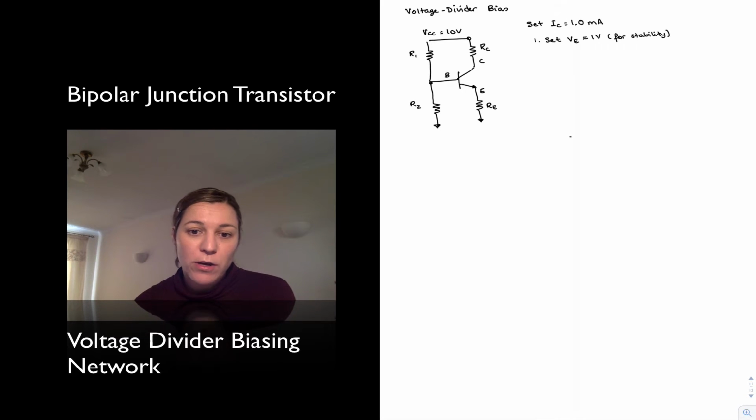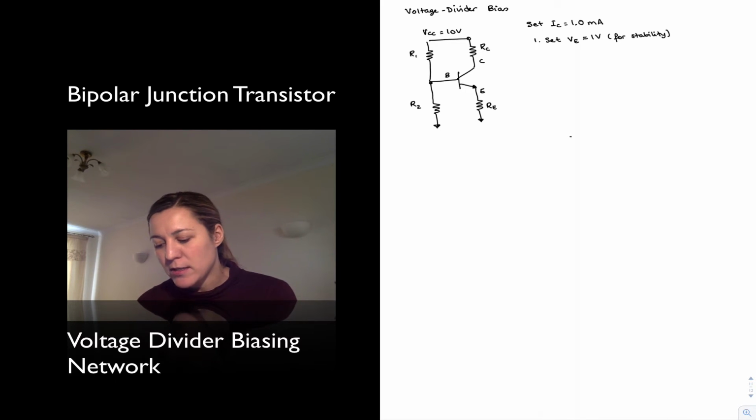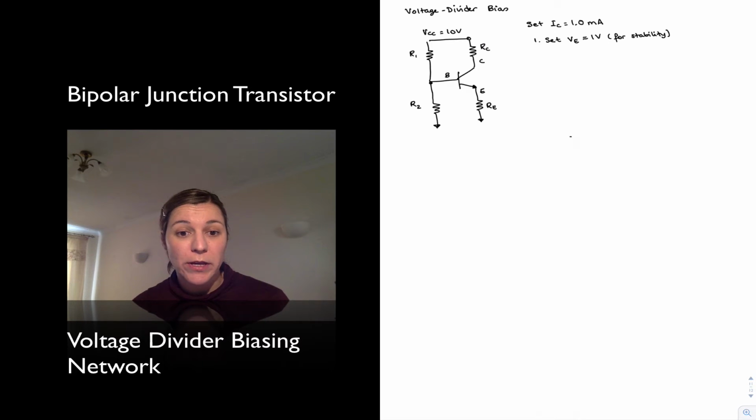Now, why 1 volt? Why not 2 volts, 3 volts, 5 volts? Well, at some point, if you keep increasing the voltage across the emitter resistor, you're going to lose signal swing, assuming that you take the output at the collector terminal, which will be the case in several of our amplifiers.